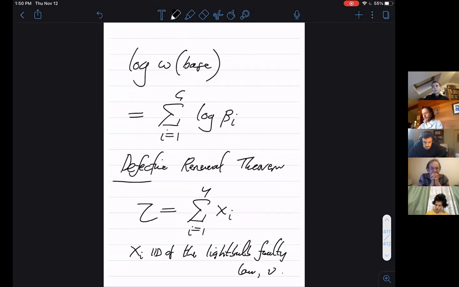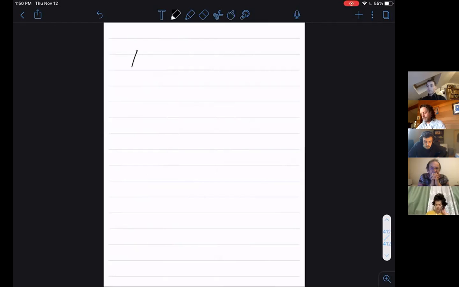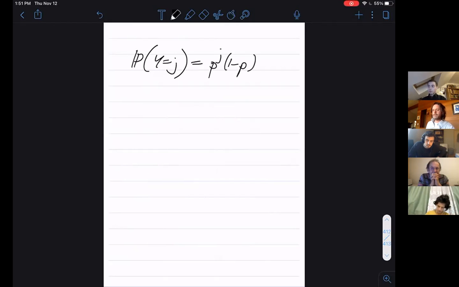And then Y is geometric, reflecting the fact that each light bulb has probability P to be eternal. So the probability that Y is equal to J is P to the J times 1 minus P. So I suppose the probability of being eternal must be this quantity.